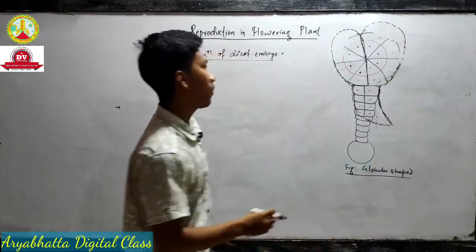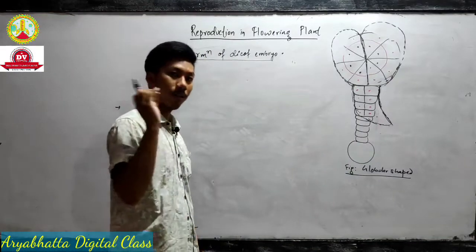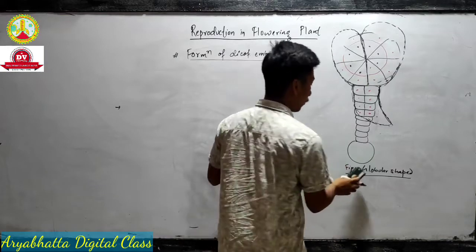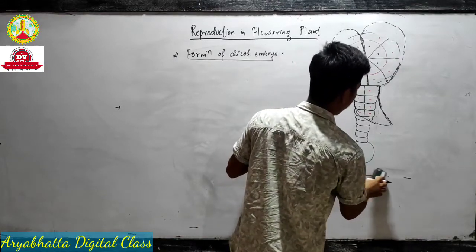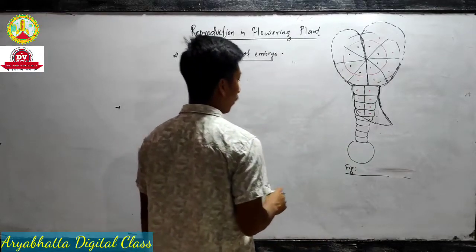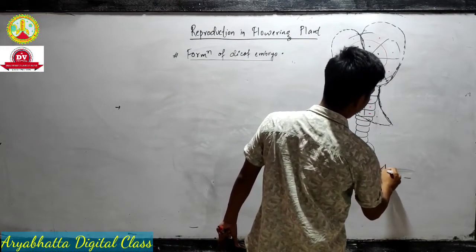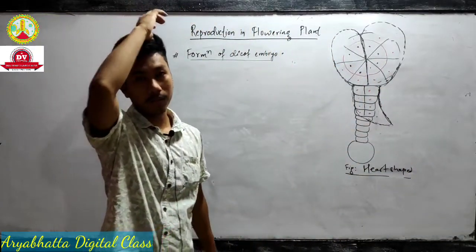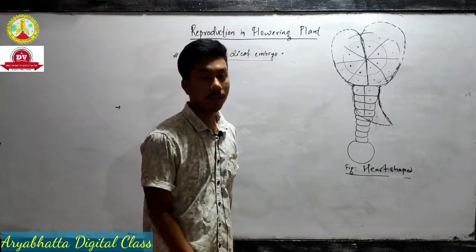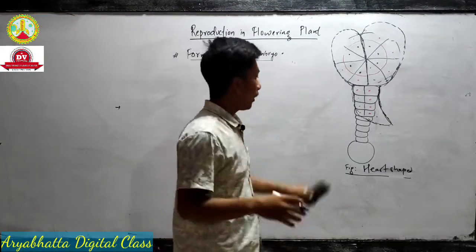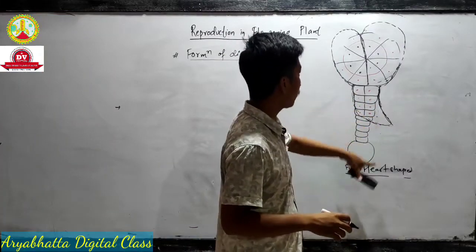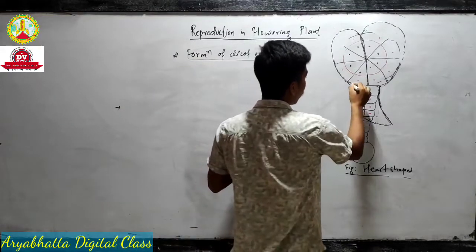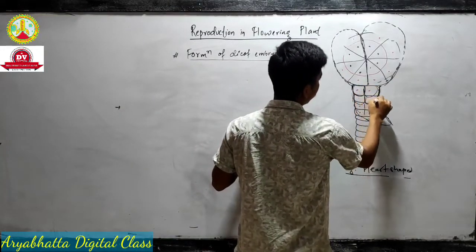The structure of the proembryo changes inside the embryo sac. Now from the globular shape, the structure will be called a heart shape structure. Remember the sequence of changes in the structure of the embryo: first globular shape, then heart shape, and the cells slowly become a mass of cells.